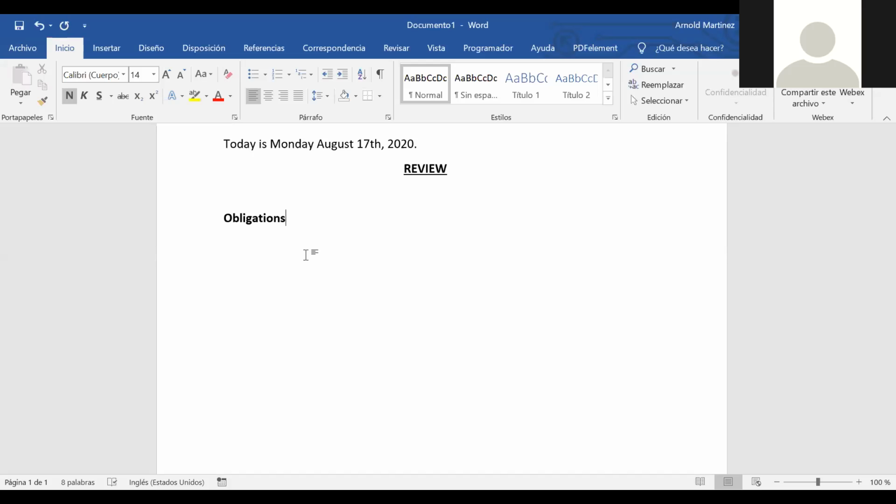So, the verb I need is which one? The verb I need is have. So, have is the verb that we need to conjugate.